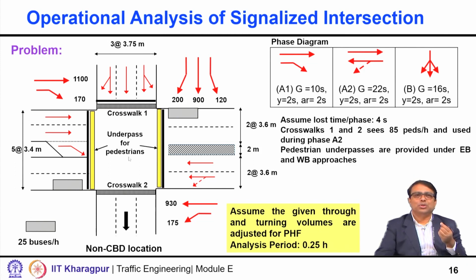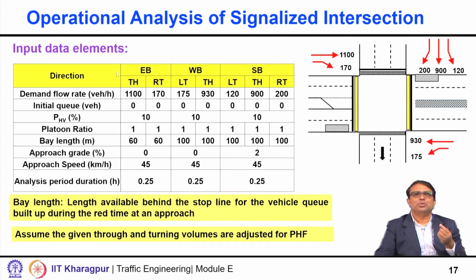With all this, we are just tabulating the data here. The demand flow rate, the same data was given in the earlier lecture also when I discussed lecture 9, I used the same example problems.